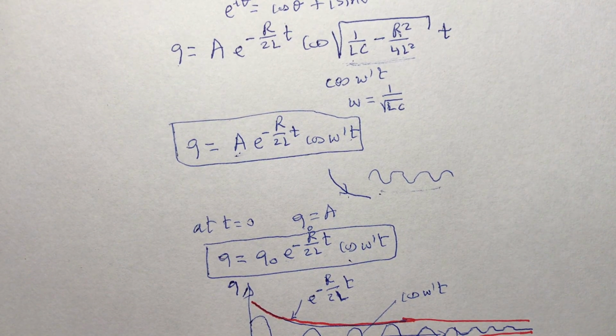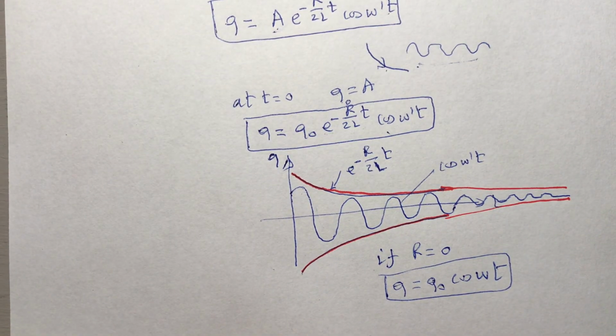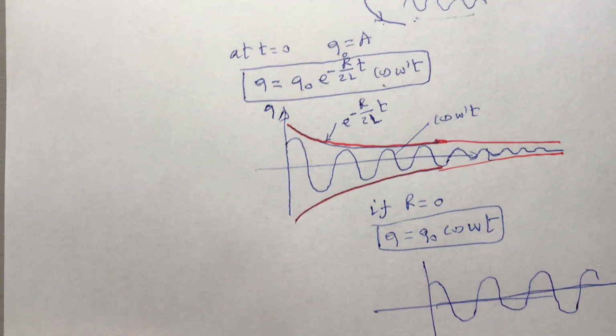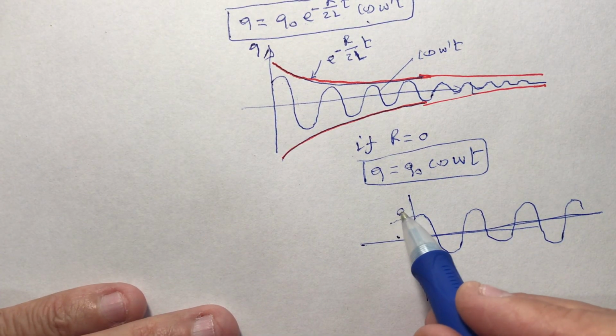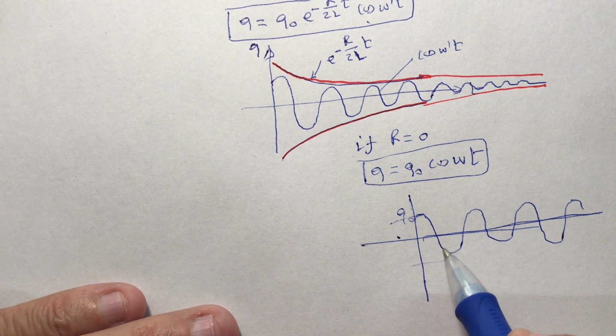And if you plot this, it's going to go like this forever. I put here Q0, and here I put time.